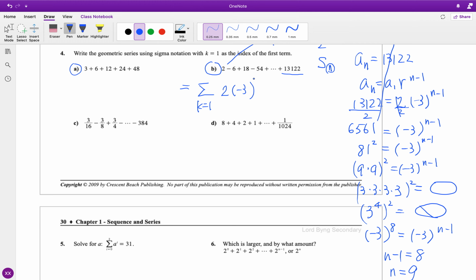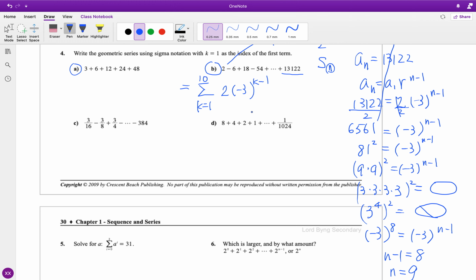If we start with k, then that is not the first term. So that has to be k minus 1. All right? So if this is k minus 1, then this 9 should be, if you plug the 9 here, you use this to calculate, it's not that. So this should be 10.